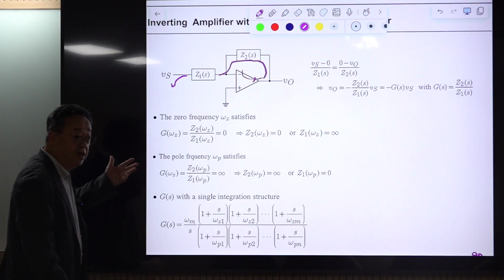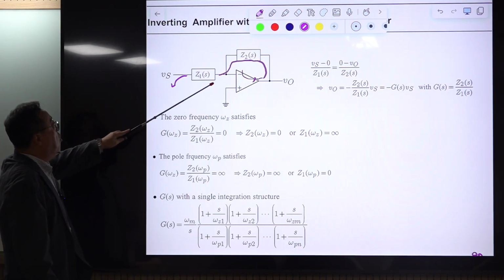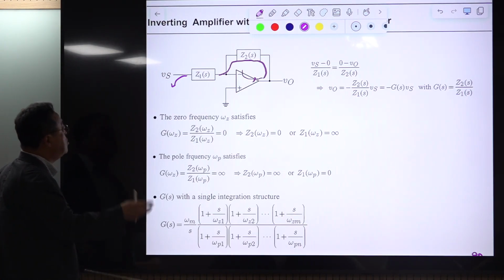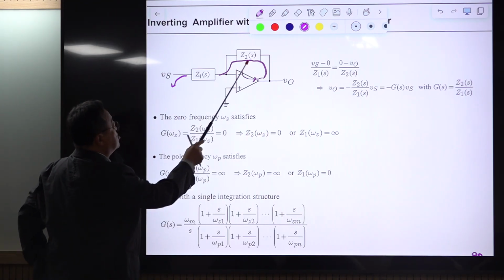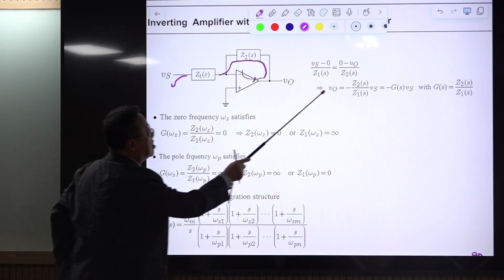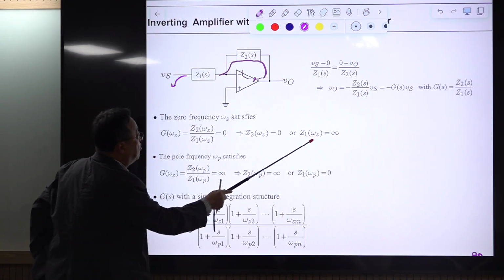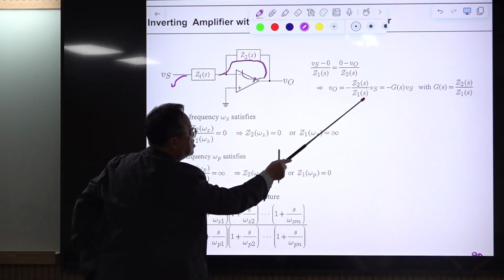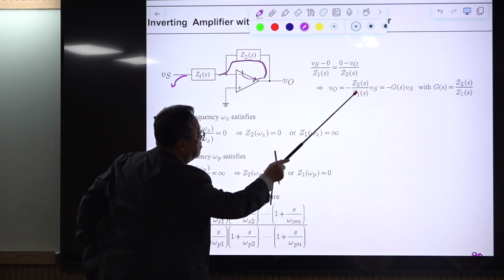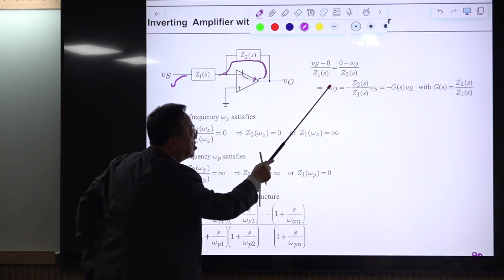You know this, okay? The zero frequency has two conditions. At a particular frequency this becomes zero, and at a particular frequency this becomes infinity. When this is infinity, then this is zero, which means whatever occurs here, the output becomes zero.